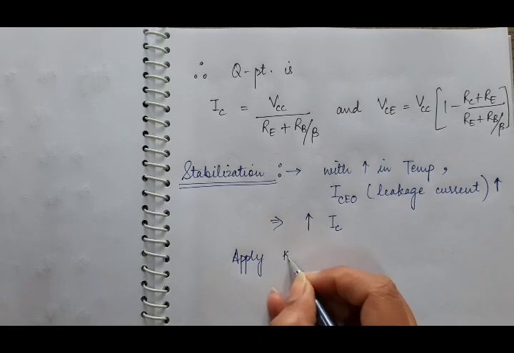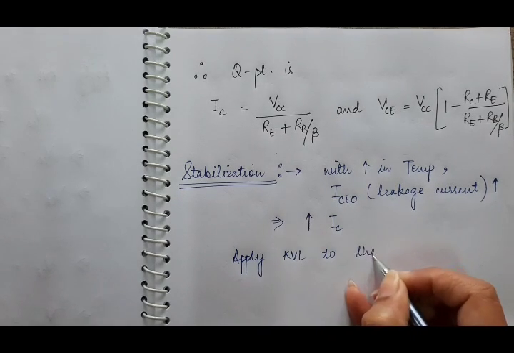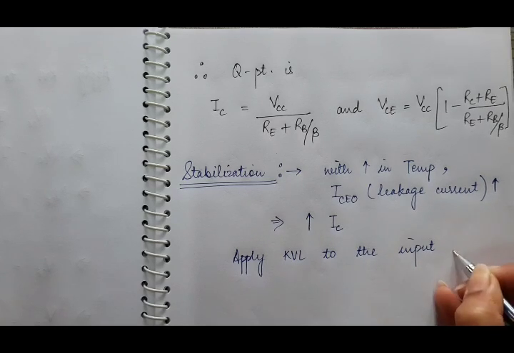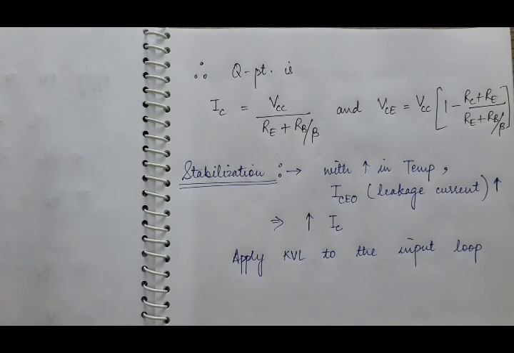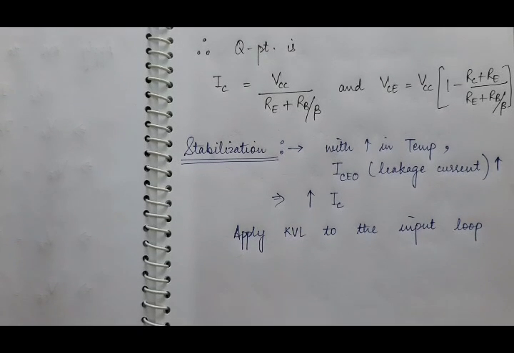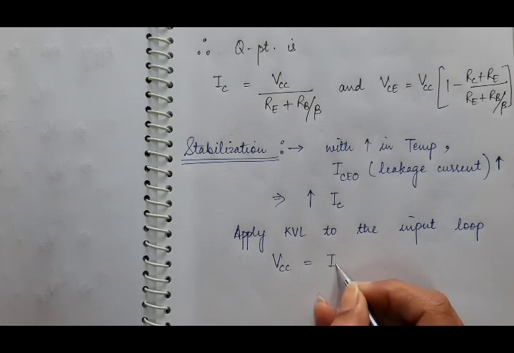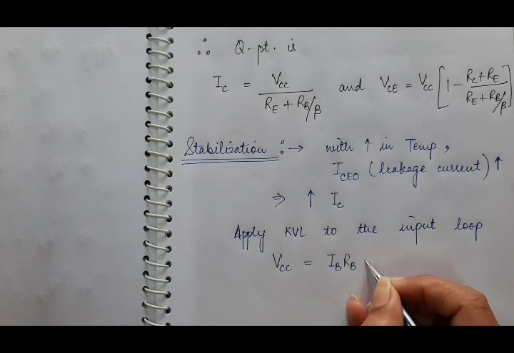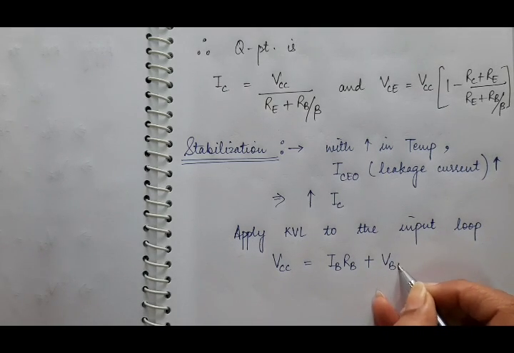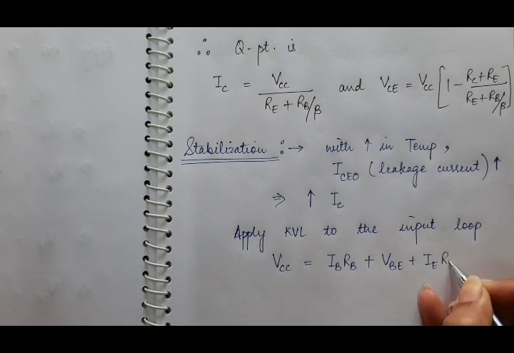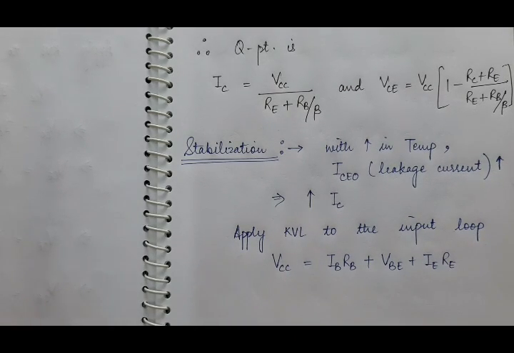Apply Kirchhoff voltage law to the input loop. Why have they added the emitter resistor connected to the emitter terminal? Because it has improved the stability of the operating point. So we have VCC equal to IBRB plus VBE plus IERE. So it means when temperature increases, collector current will increase.